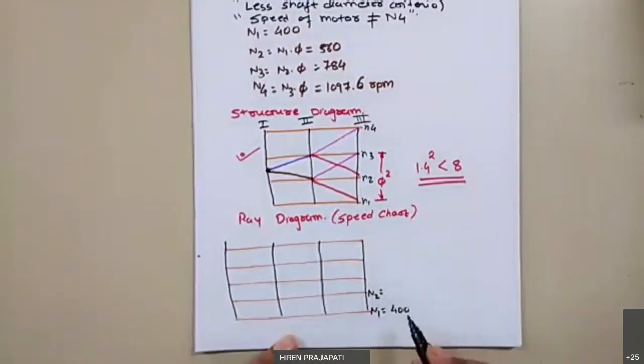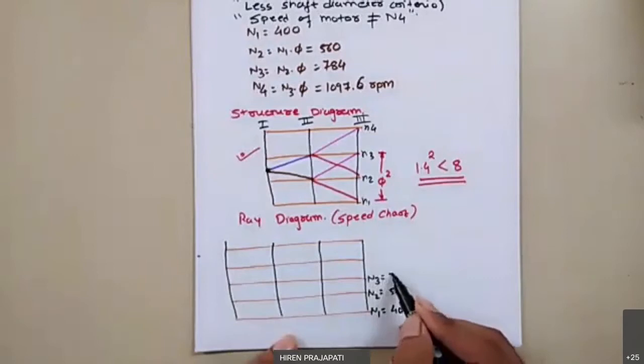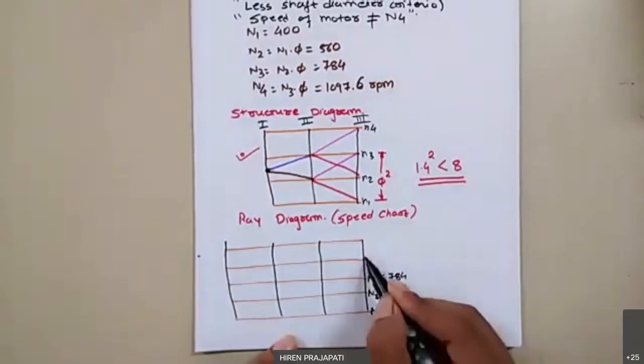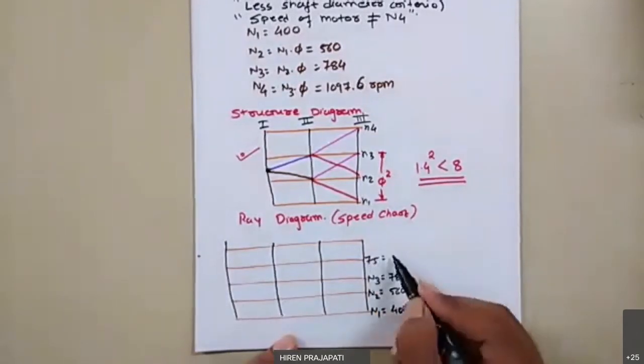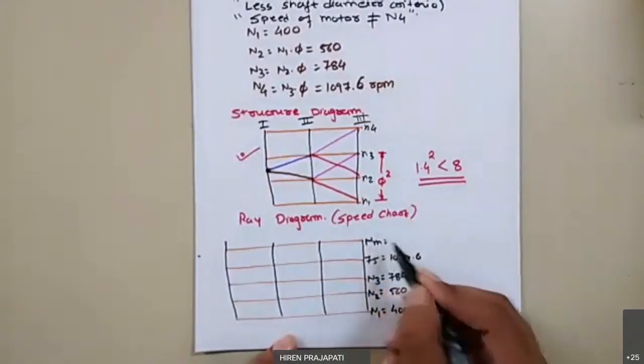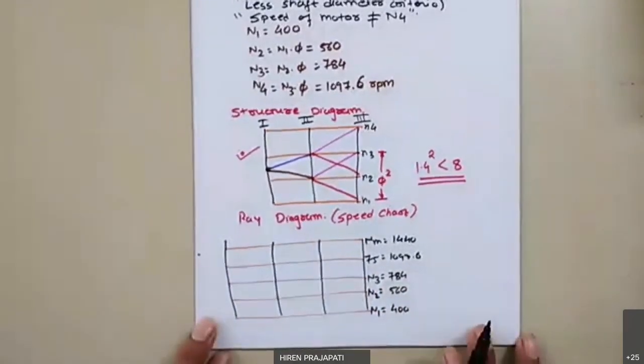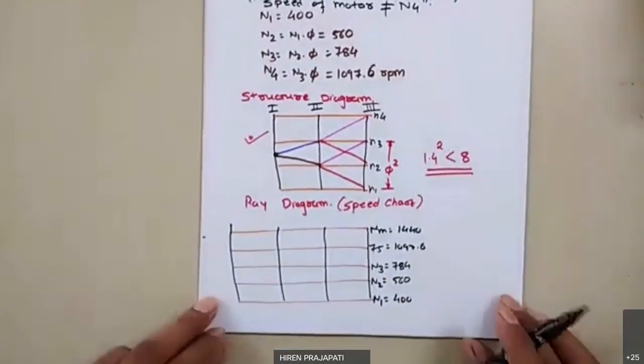N2 is 560. N3 is 784. N5 is 1097.14, and NM, which is not mentioned but generally standard motor RPM 1440. That is what I am supposing.